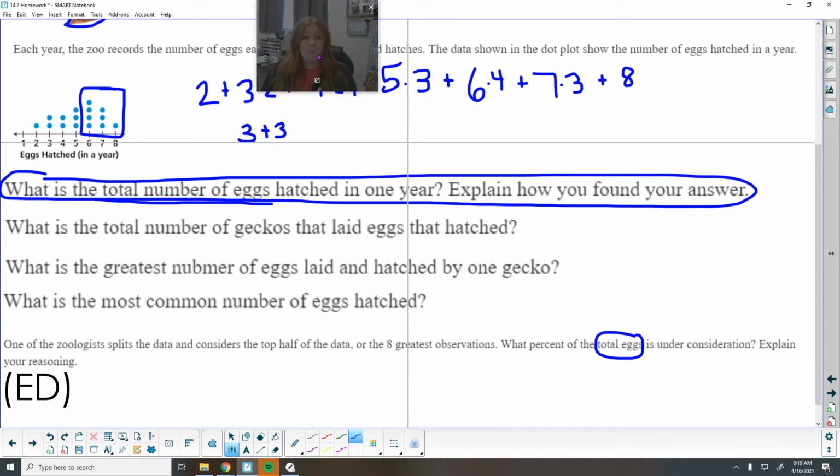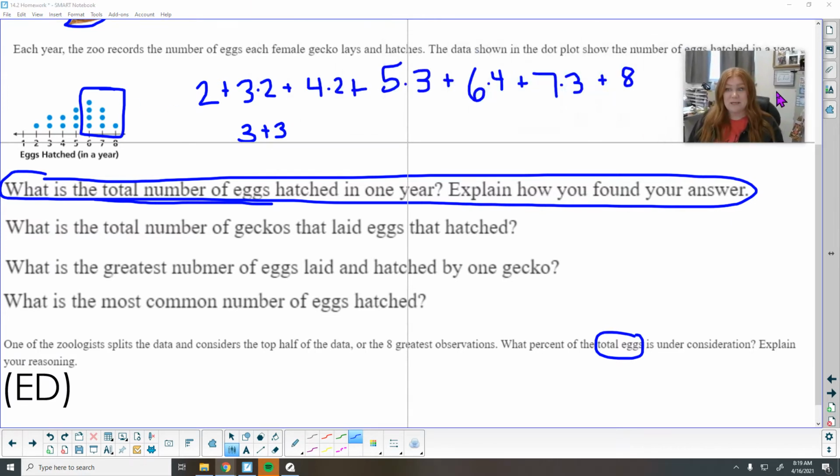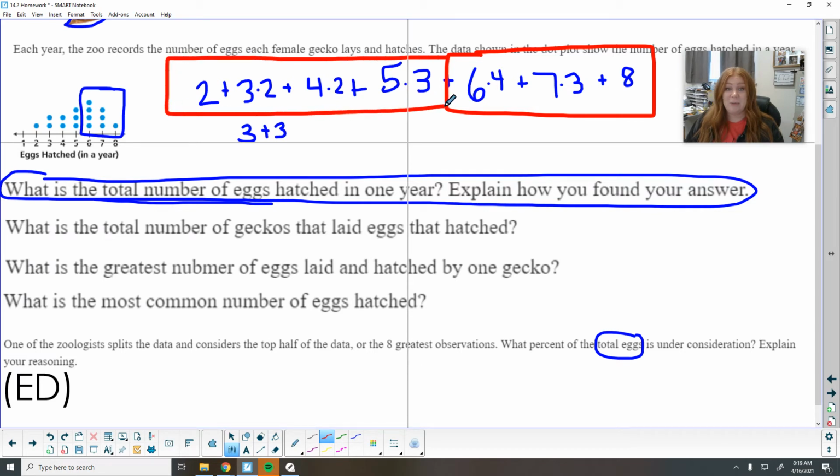So we have this work up here that is really going to help us. So we're going to split our data here. And so here's the top part of the eggs. Here's our bottom part. So we're not going to be looking at this part right now. So we're looking for percent. So total, oh my gosh, I did it again. We want our piece over the total, the part of what we have over the total.